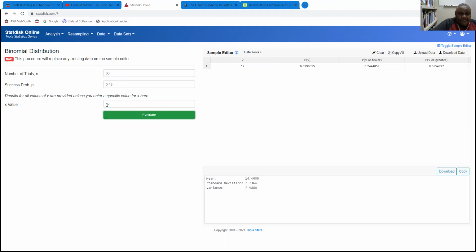Okay. Fewer than 12 means this. We have to look at X or fewer. That's this box right here. And the decimal value that we came up with. We don't look at P of X. That's exactly 12, not X or greater. X or fewer, because it says in the problem in part A, fewer than 12.